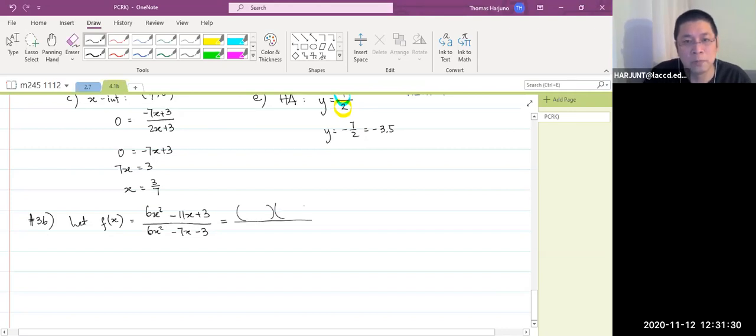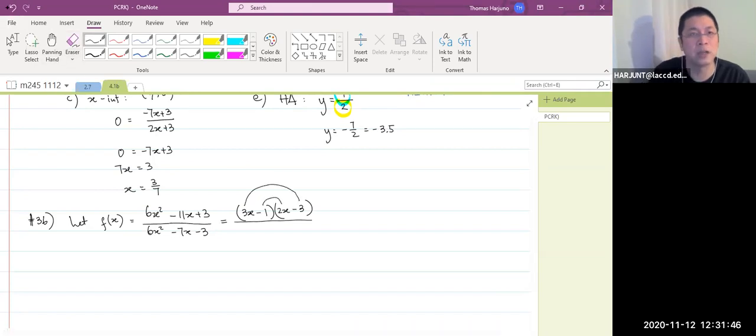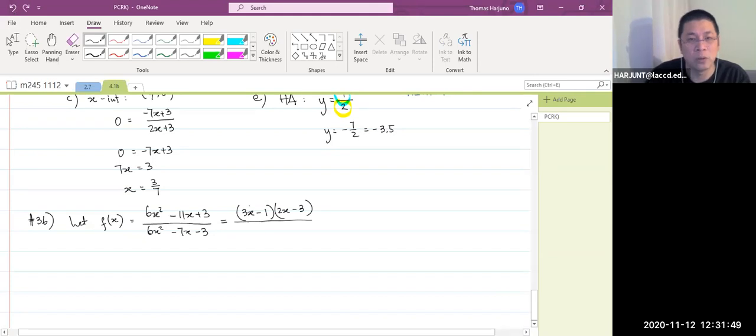Let's factor the top. I think that will be 3x minus 1 and 2x minus 3. So there will be negative 9x minus 2, that's negative 11x. On the denominator, that would be 3x and 2x. I think that will be plus 3 here. Oh, nope.